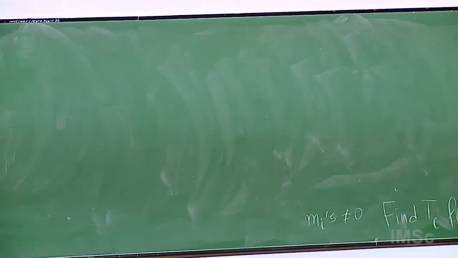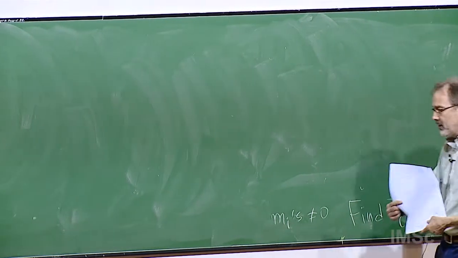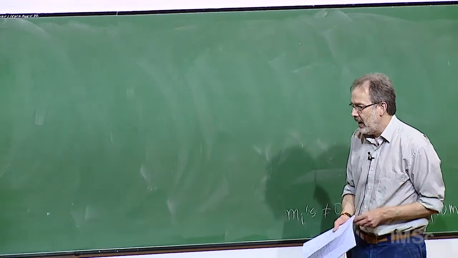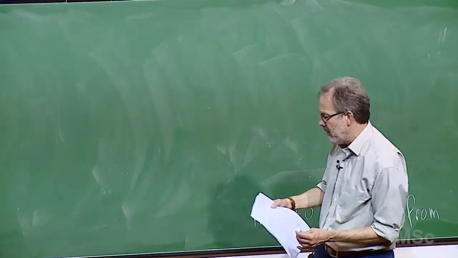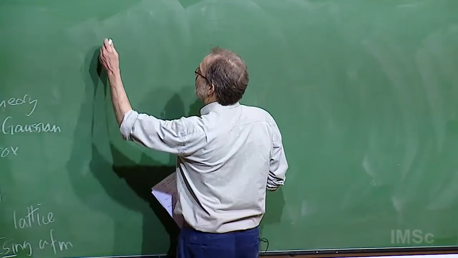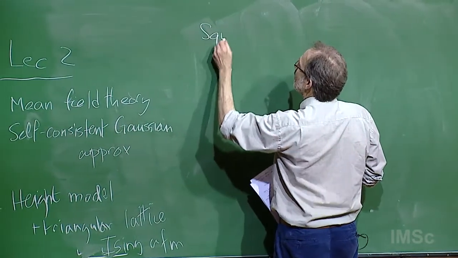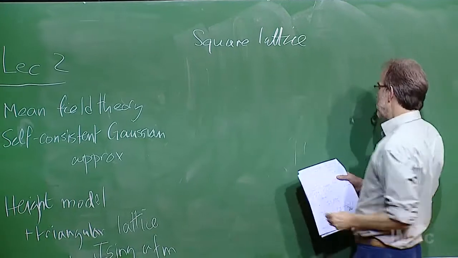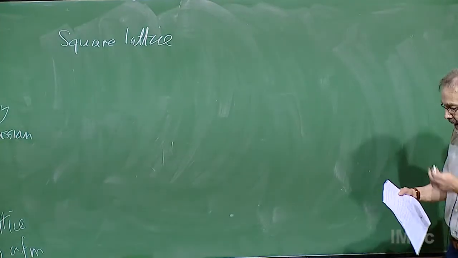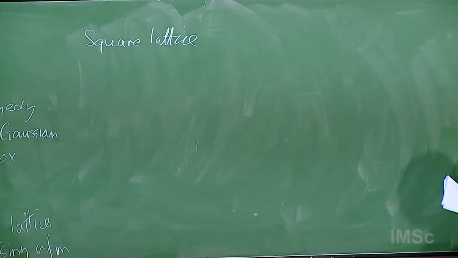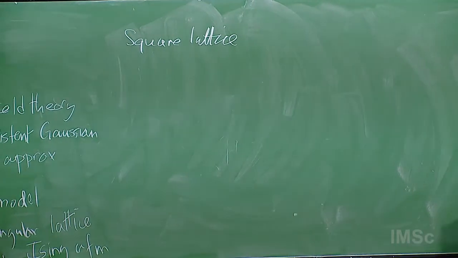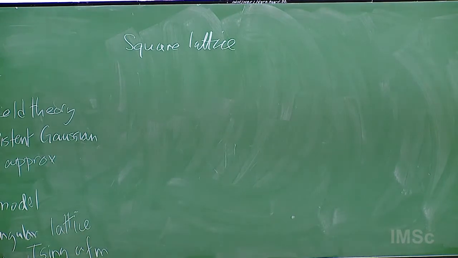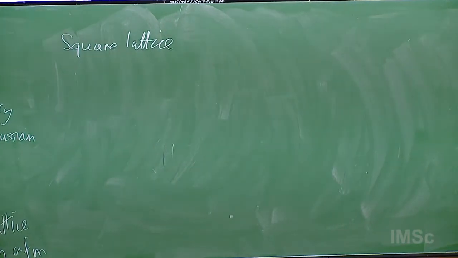So to have a reference point for comparison, let's think first of all about an unfrustrated system, and for example, a square lattice with nearest neighbor interactions on the square lattice. And then, of course, because we've got translation invariance, we can diagonalize the interaction matrix by Fourier transforms.